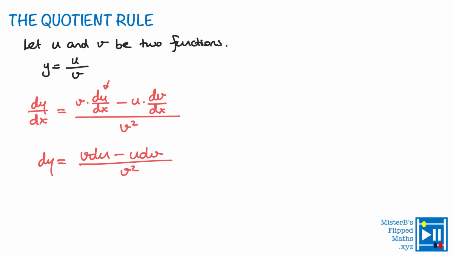Now, let's remember the product rule. The product rule says dy equals u dv plus v du. The first difference is that you have a minus sign. And the second difference is the order is different. You start with v du, and then you take away u dv. But the idea is the same.